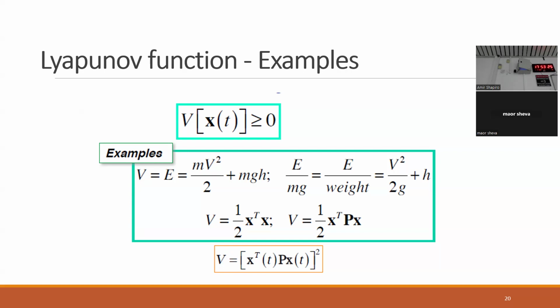Where x is 0, this function is also 0. Also x transpose Tx. This is also an example.